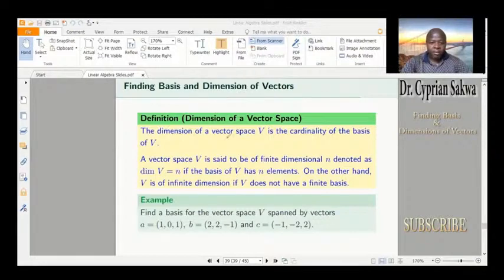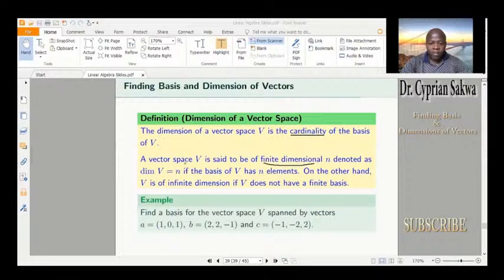By dimension of a vector space, we mean the number of elements in the basis of a vector space. The cardinality, the number of elements of the basis of V, that will form the dimension of V. That means if a vector space has a basis that is finite, then we will say that that vector space is finite dimensional.